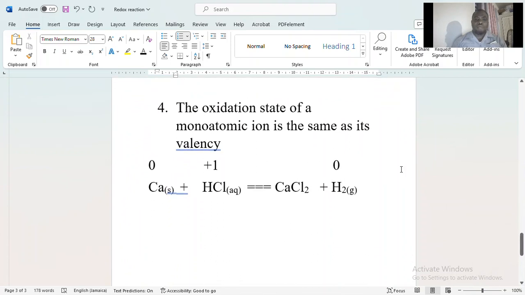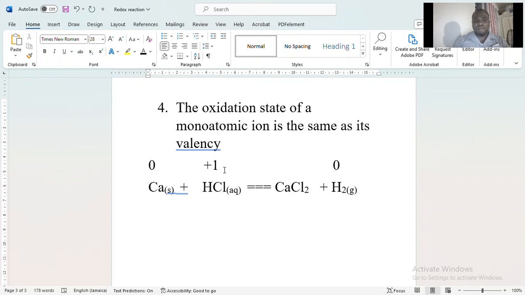So back to the fourth, we're seeing that right here the chloride ion is present. And we said that it's really a negative. We would have known that the one is in front of it, but we don't say that.